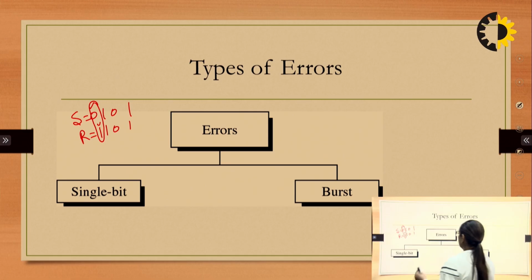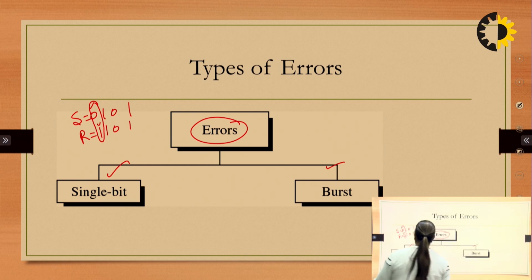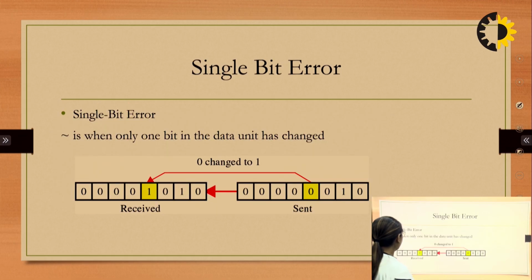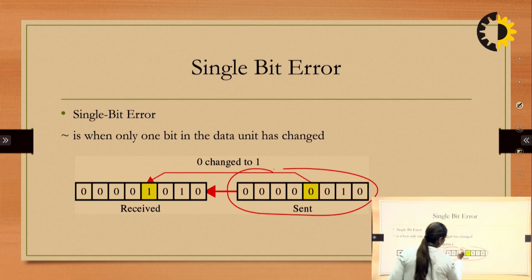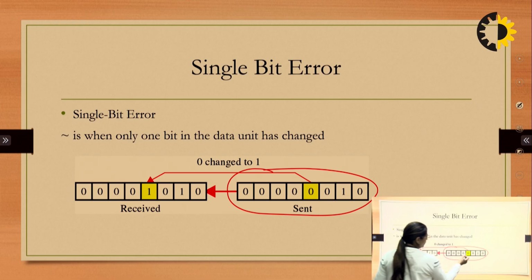The types of errors are single bit errors and burst errors. A single bit error is an error in which only one bit is changed. You can see this is the data sent by the sender, and this colored bit is changed, this 0 is changed to 1.